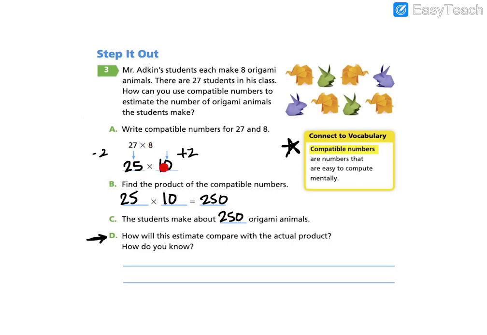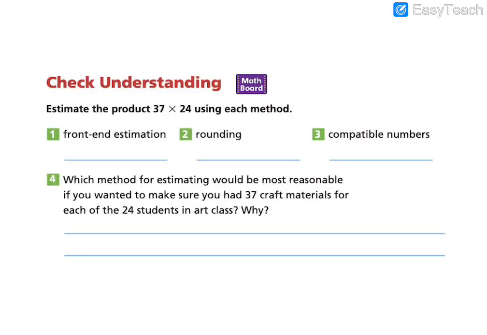When we rounded 8 to 10, our end product is going to be greater than the product that we started with. So for letter D, how does this estimate compare with the actual product? This estimate is going to be greater than the actual product because this factor 8 was rounded to 10.